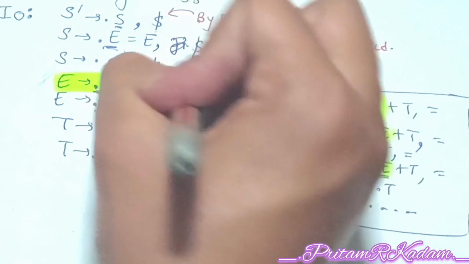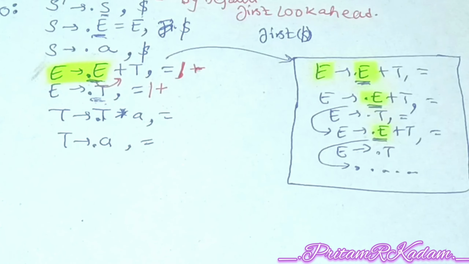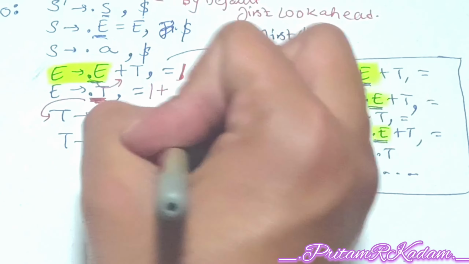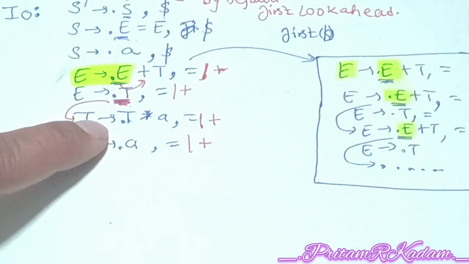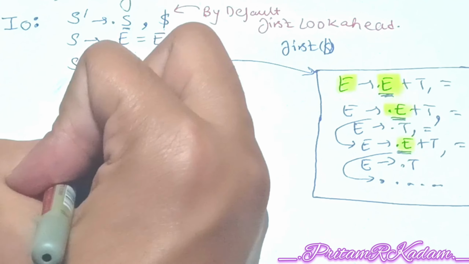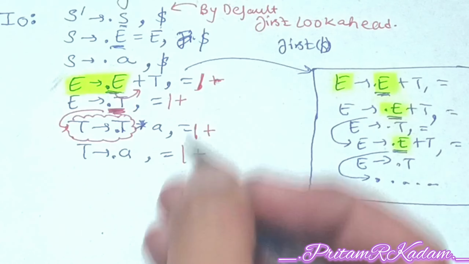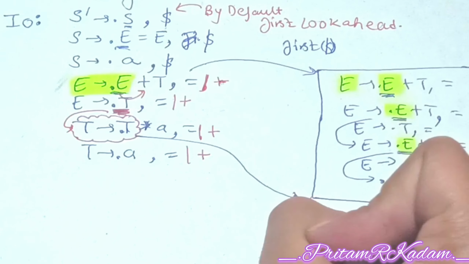The first of the next element, which was plus, is plus only, so I write the plus with the slash, because we have the look ahead of the E production as equals to as well as the plus sign. And the same with the T, as we wrote the next element of T, that was equals to slash plus. We write both as look ahead, and we have the looping again with the T.